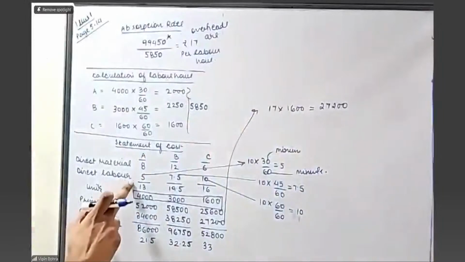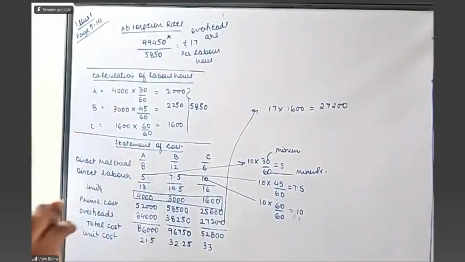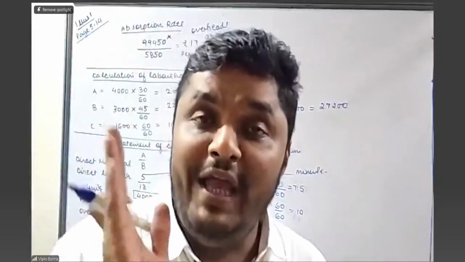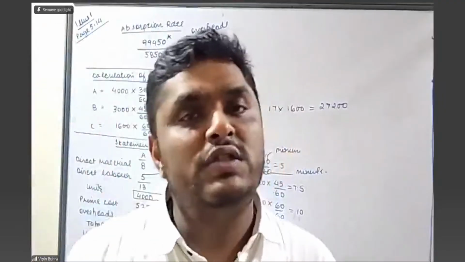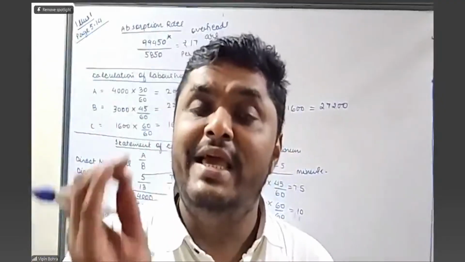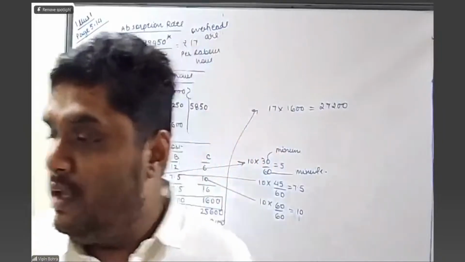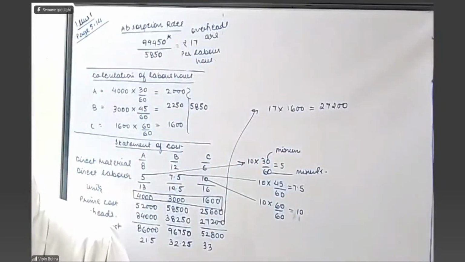For every hour, rupees 10 is the cost of labor, and for every hour 17 is the cost of overheads, because the question is saying that we have to absorb the overheads on the basis of labor hours. I hope it is clear.